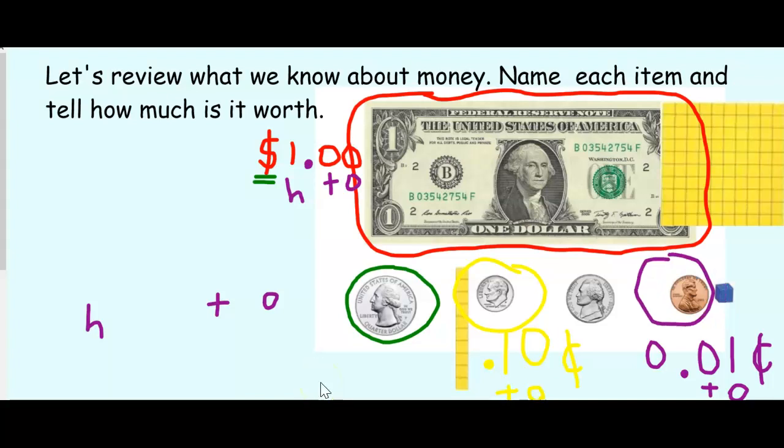Let's make 25 cents with our base 10 blocks. We have 25, so that's 2 tens and 5 ones. Please help me count. 1, 2, 3, 4, 5. This is 25 with base 10 blocks.